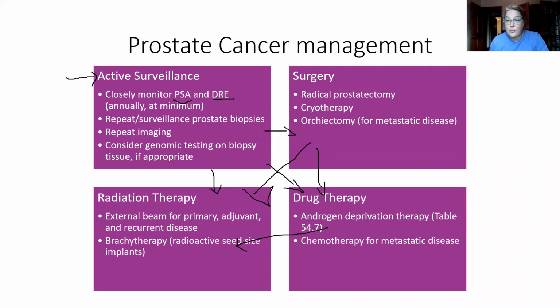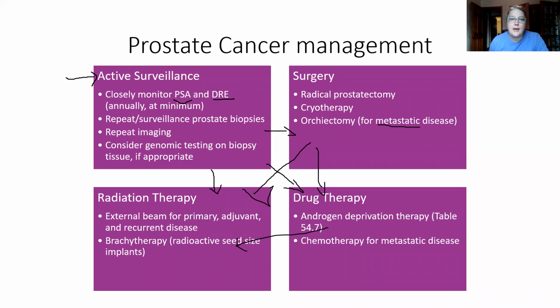You can have cryotherapy. Cryotherapy is cold therapy, and that cold therapy destroys the tissue. You can have an orchiectomy for metastatic disease. If a person has prostate cancer and it has spread to the testicles, they will have an orchiectomy as well.